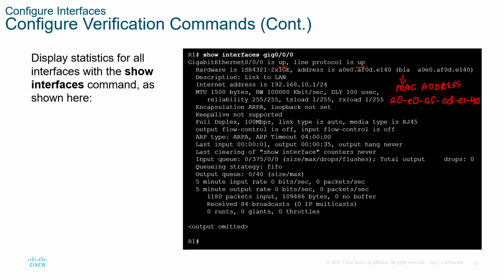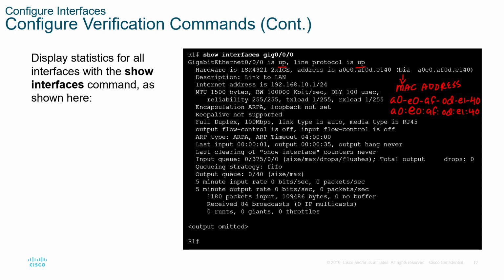It could also be identified as such. And that last one is not to be confused with an IPv6 address, because an IPv6 address has 8 hextets of information. This MAC address only has 6 hextets of information.